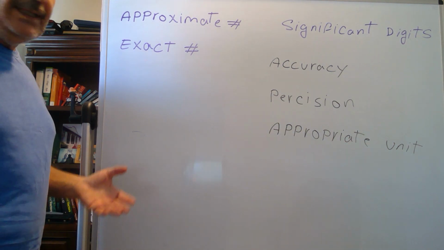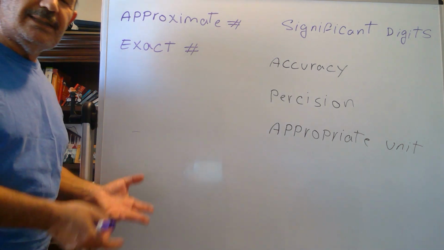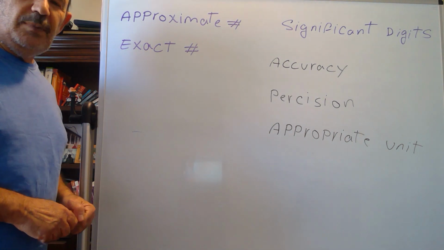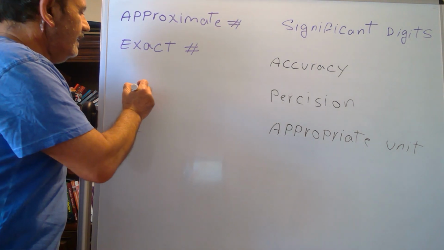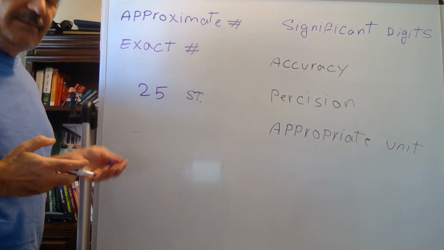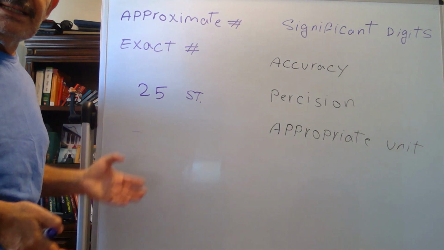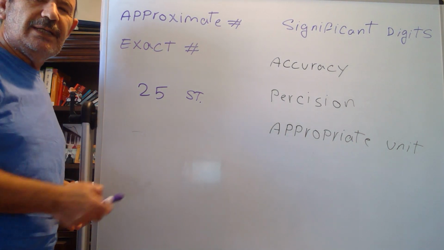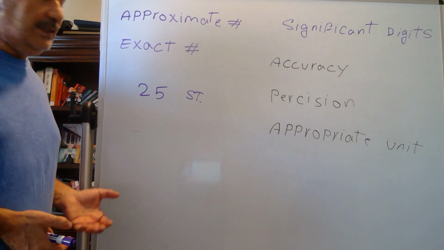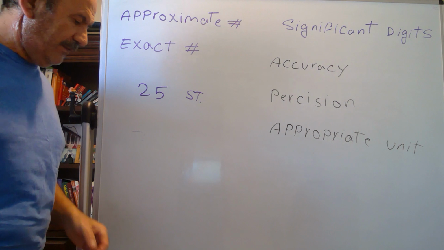Now, on the other hand, let's say I'm counting the number of students sitting in the class. If I end up with 25 students, these 25 students are an exact number. It means exactly 25 students are sitting inside the class. It's not 26, it's not 24. It's exactly 25.